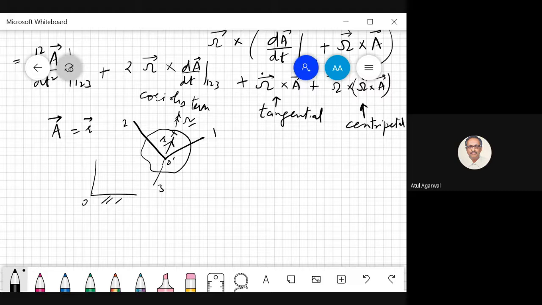If you take vector R, the vector R is nothing but small r plus rho prime. Now you take its time derivative.